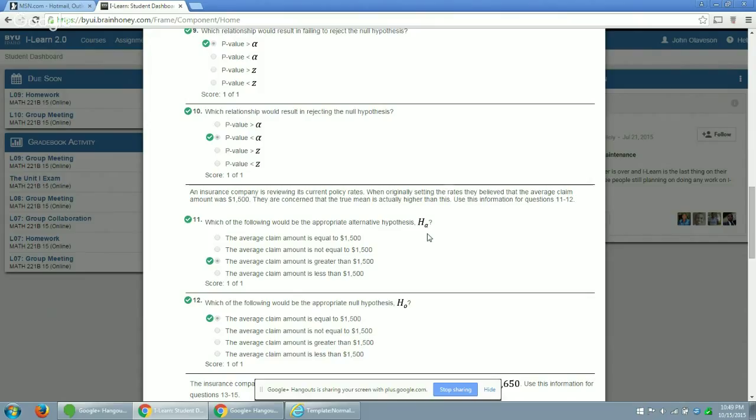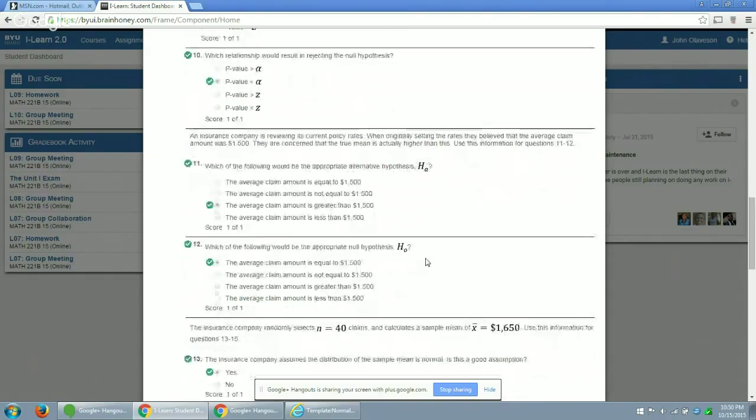It says we only use greater than or less than if we have a belief in advance that the mean was less than or greater than. If we do not have a strong reason to believe the mean is either smaller or larger than the stated value before we collect our data, then we use not equal to. Because in this question they said they believe it to be actually higher, that's the one we're going to go with.